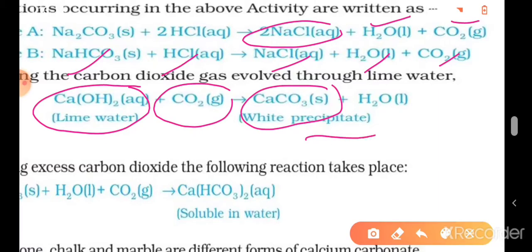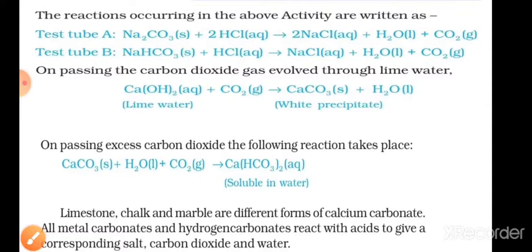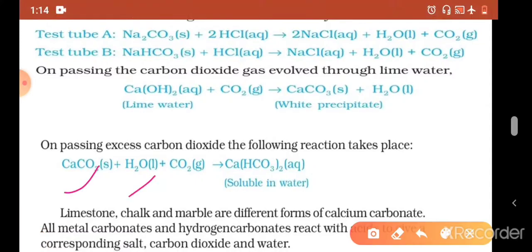Precipitate means the solid stuff. So we can see here solid plus H2O. Remember to write these equations. These are given in your textbook also. And one more thing: if in this CaCO3 we pass more CO2, then it will form bicarbonate. This is calcium bicarbonate, Ca(HCO3)2.